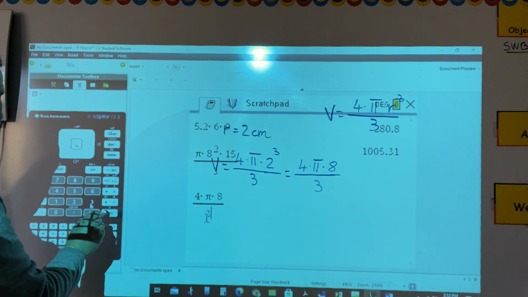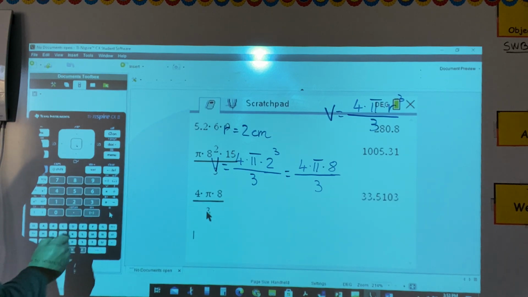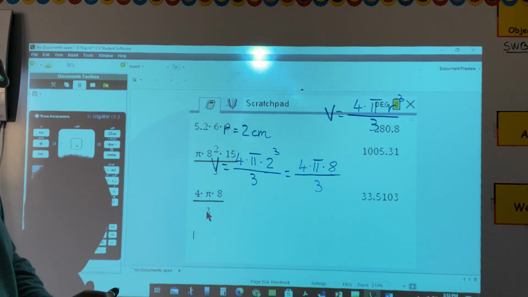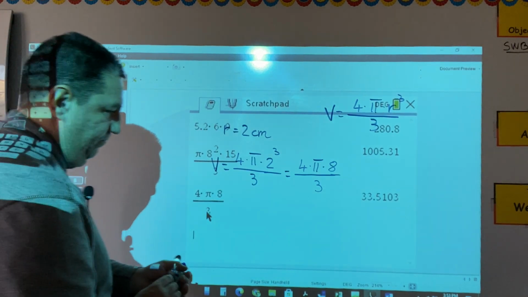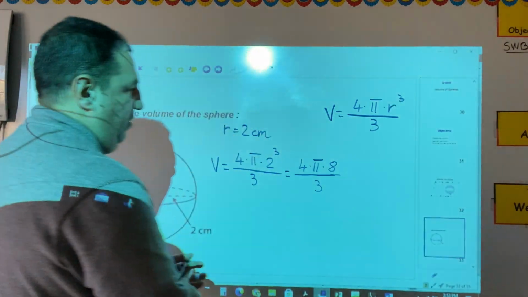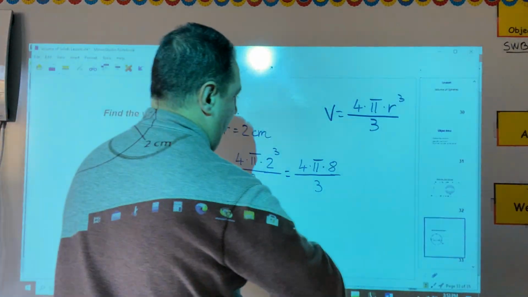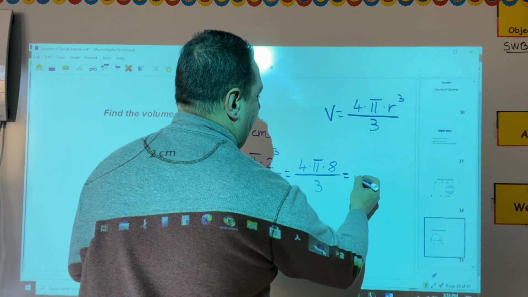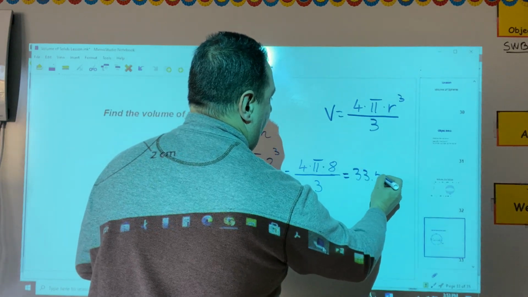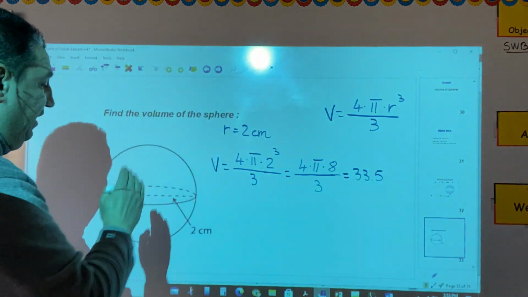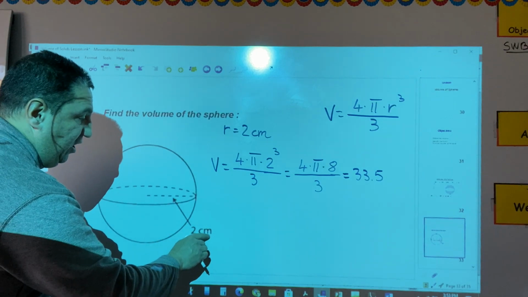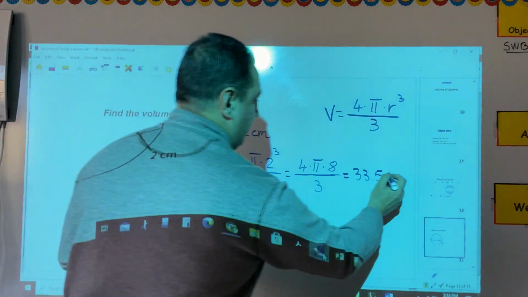And we press Control and Enter. And we get 33.51, or 33.5 if you round to the nearest tenth. 33.5. Now, don't forget, the unit is cubic centimeters.